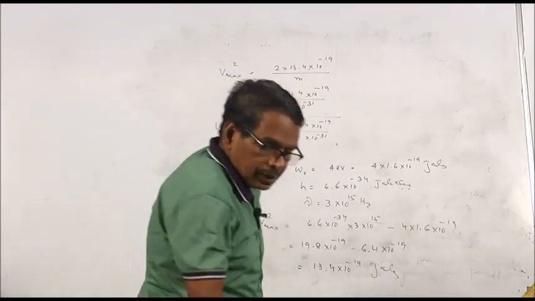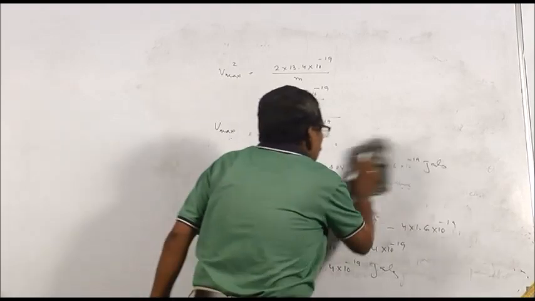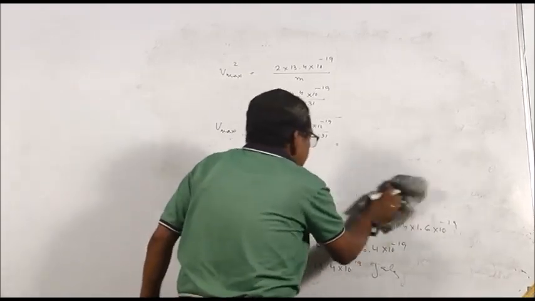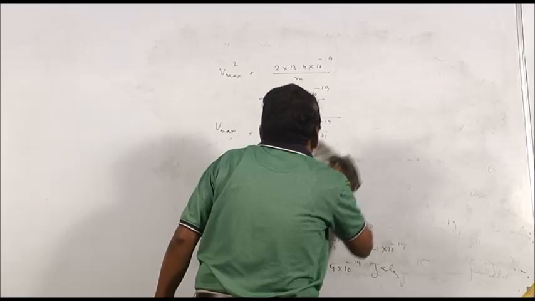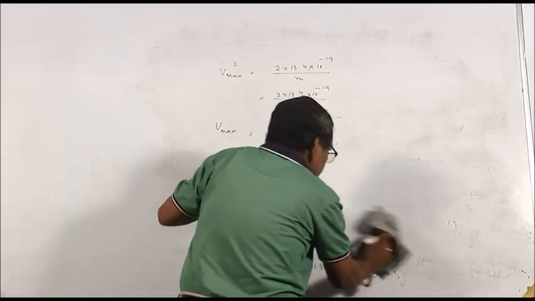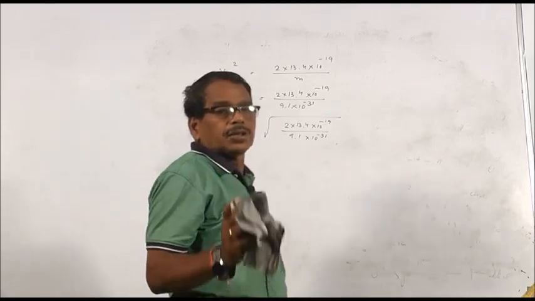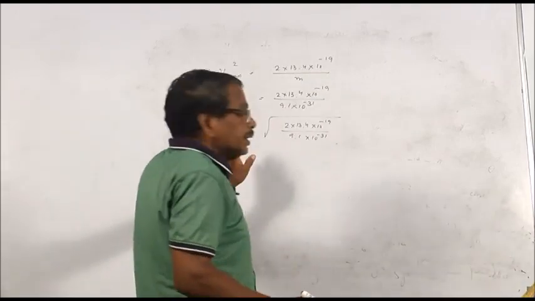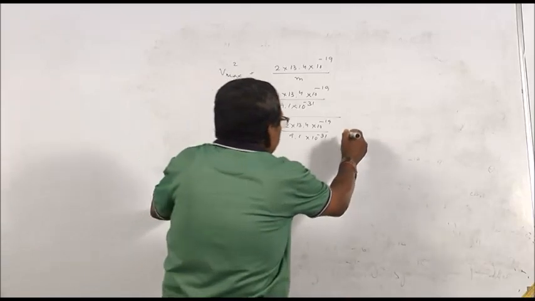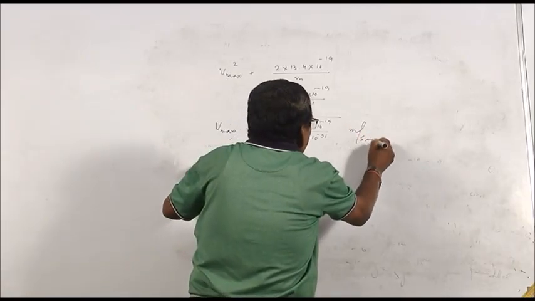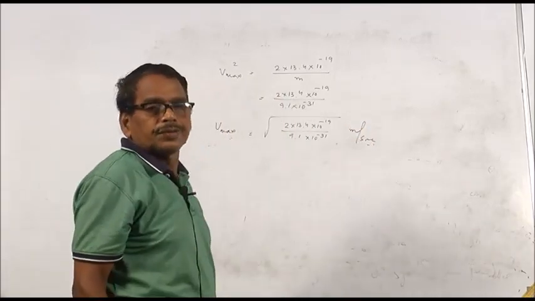Root over of this. So, what will be the unit? The most important thing is, if you do not get time in the examination to solve this, you can keep it like this, but mention the unit. If you do not mention the unit, marks will be deducted. Since it is velocity, the unit will be meter per second, the maximum velocity of the ejected electron.